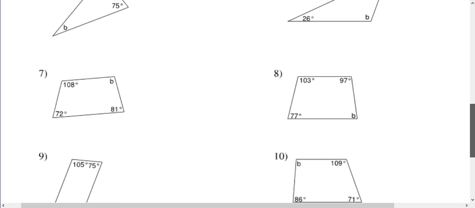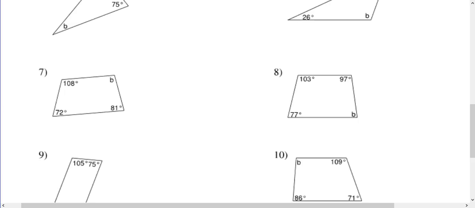But then you will notice that there's some quadrilaterals. There might be rectangles, they might be squares, but they're quadrilaterals, which means they have four sides. Now, the rule for four-sided shapes is that all angles add up to 360 degrees.